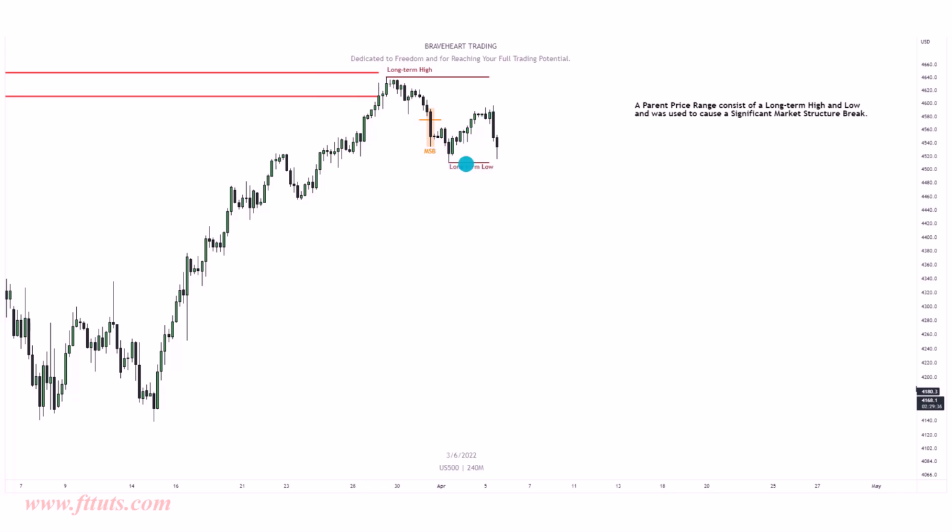We're going to expect this to break in the future, but we're going to use this price range, a premium discount, and defined levels to take action on so we can target this low and many lows to come.